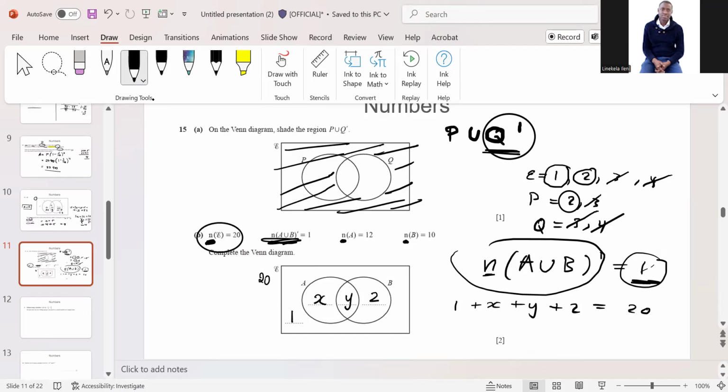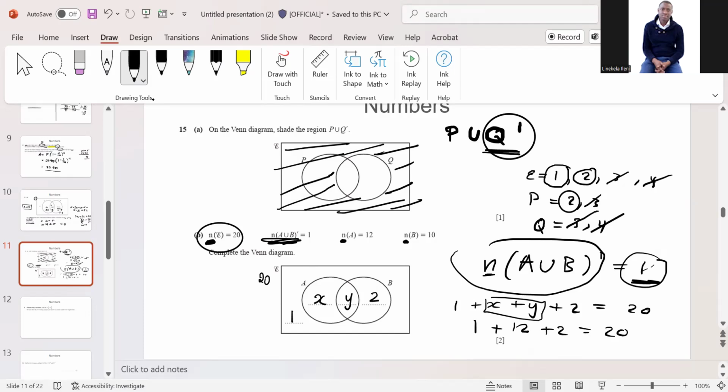I just need to figure out what X plus Y is. We are told that A is 12. And you can see here, my A is X and Y, which means X and Y here will add up to 12. That means 12 plus 1 plus Z.